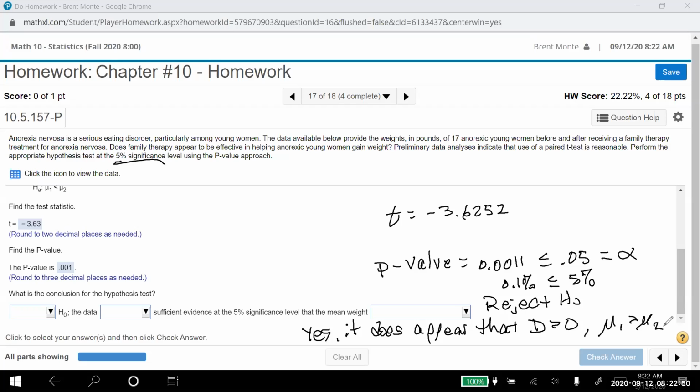In other words, on average, the young ladies gained weight after family therapy. So what is the conclusion for the hypothesis test? Reject the null hypothesis. The data provide sufficient evidence at the 5% significance level that the mean weight increased after therapy. After therapy is greater.